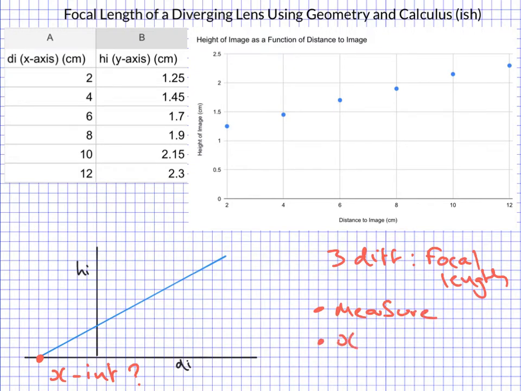I'm going to use the x-intercept because my graph actually comes from the geometry of the picture. But then perhaps more interesting, we're going to get the slope value. This is what we always prefer to do because it gives us this averaging power and smooths everything out. Any variation in the data gets cleared up by using a slope. So let's take a look at how we're going to get that slope.